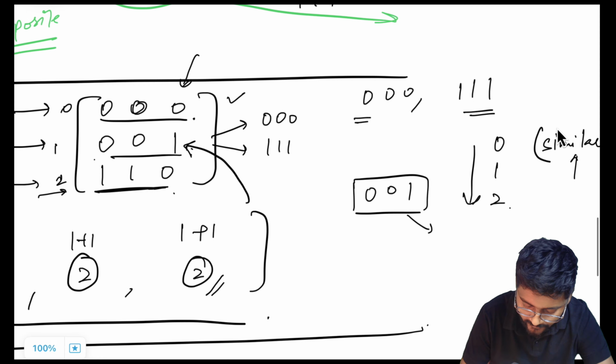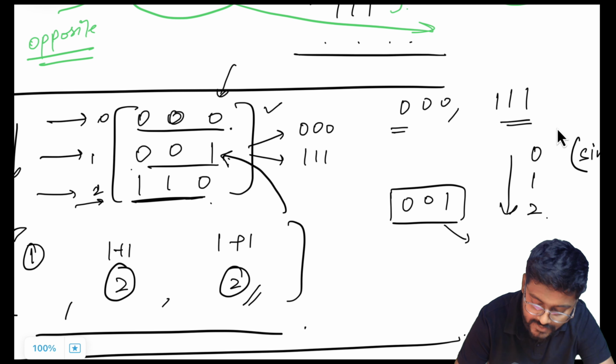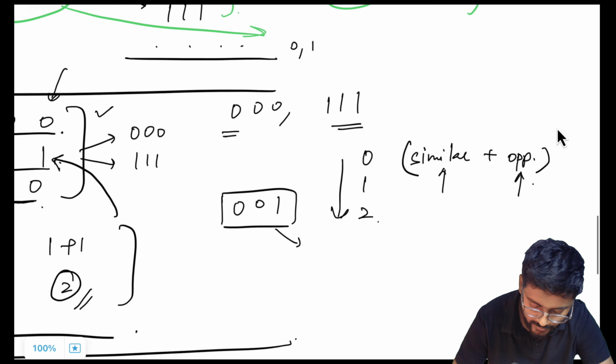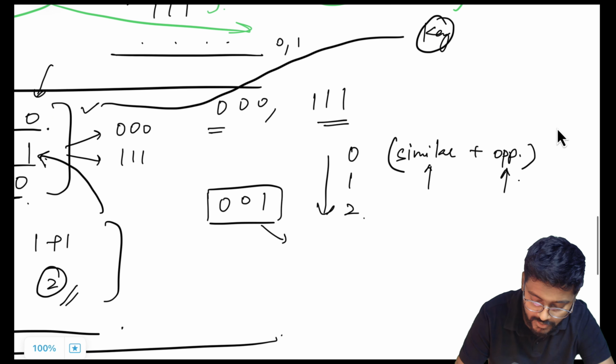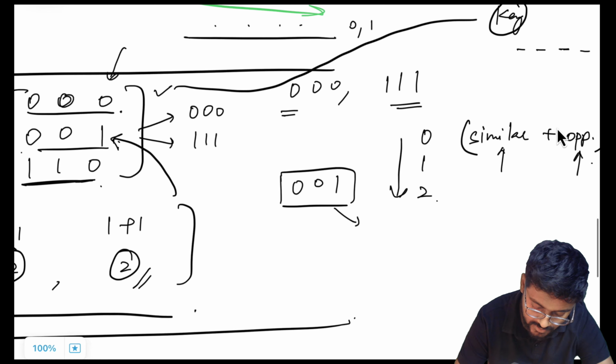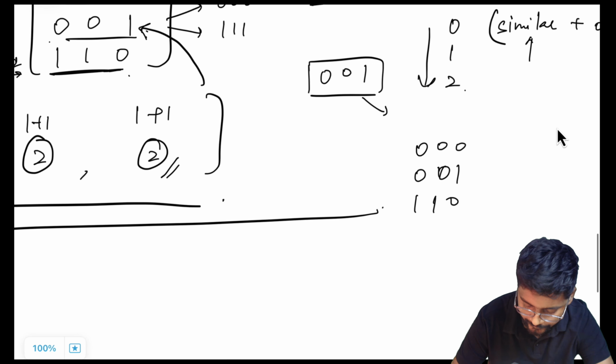And how can we find that? All the rows have some cells, and those cells are going to have either 0 or 1. So if I try to make a key out of it, that key will become the concatenation of every cell value. So for this, keys can be 0 0 0, 0 0 1 and 1 1 0.